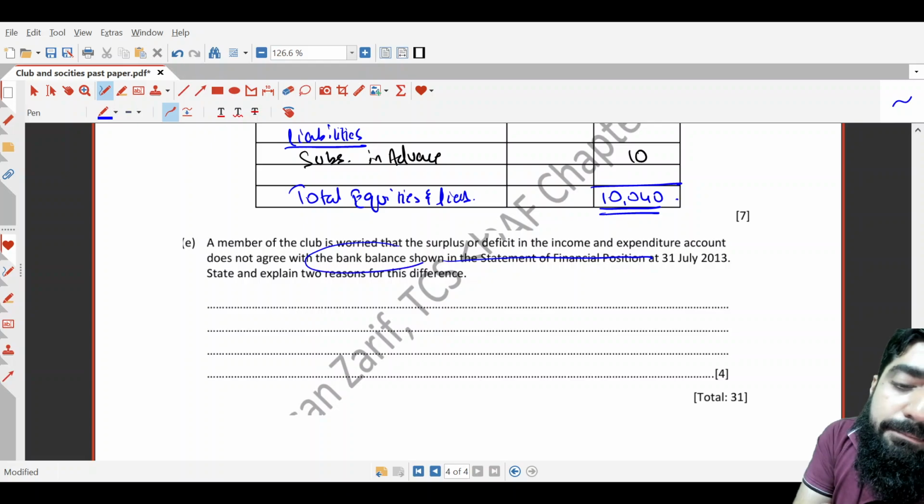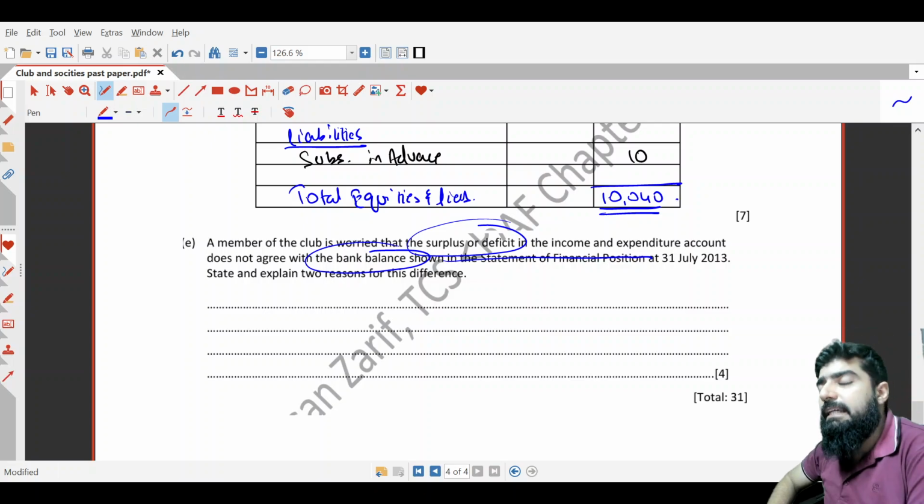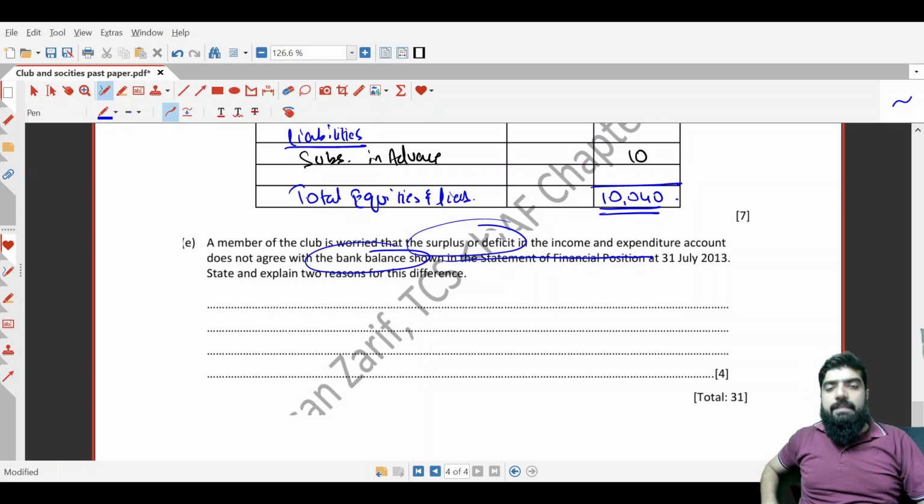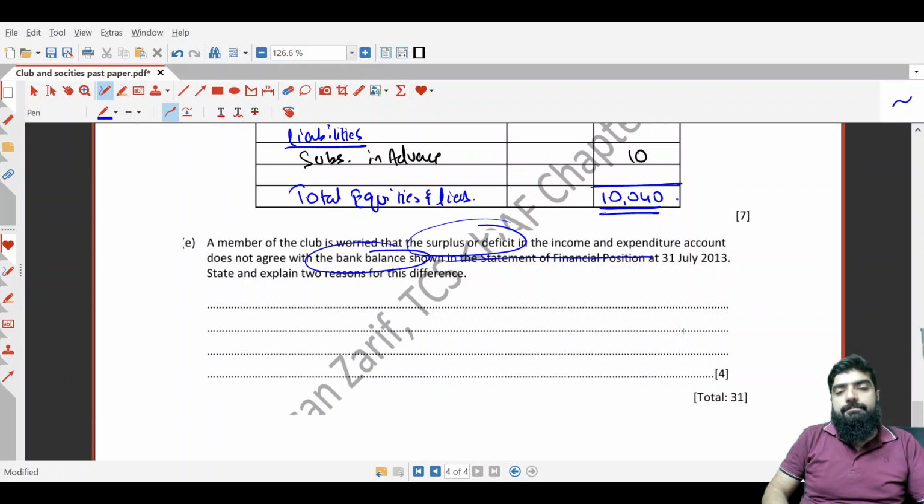Here it states that the bank balance differs from the income and expenditure surplus. For example, in a bank balance I do have 5 million rupees, but once I see the profit, that is the income and expenditure account, it shows 3 million. So the income and expenditure account shows 3 million while the bank balance shows 5 million. Why? What is the reason behind it?